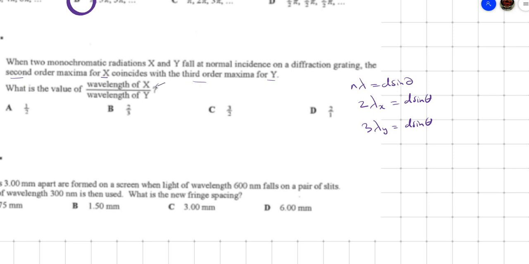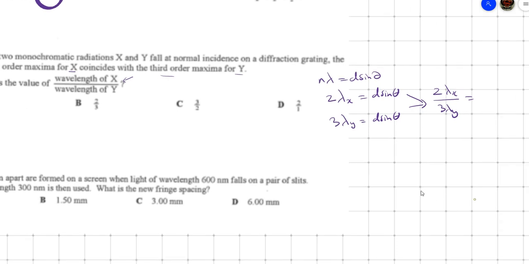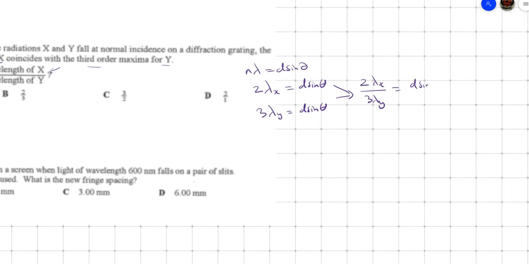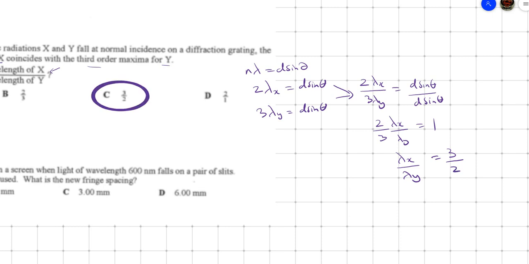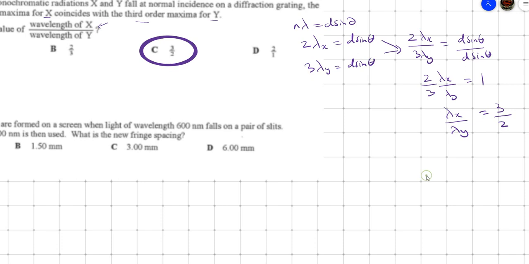So 2 lambda x over 3 lambda y is equal to d sine theta over d sine theta. These cancel out, so you're left with 2 thirds lambda x over lambda y is equal to 1. The question says what is the ratio of these two, so you flip them around, 3 over 2. So the answer is going to be 3 over 2, which is C in this particular case.